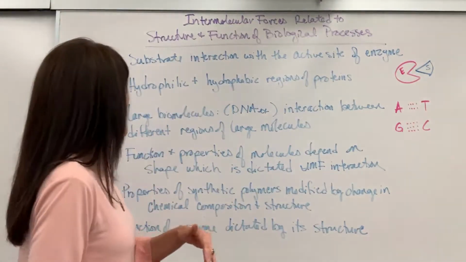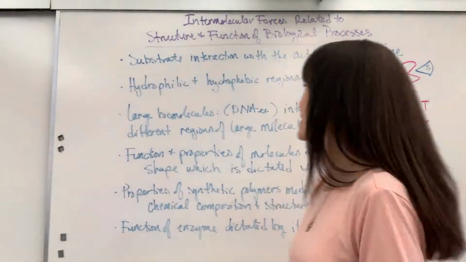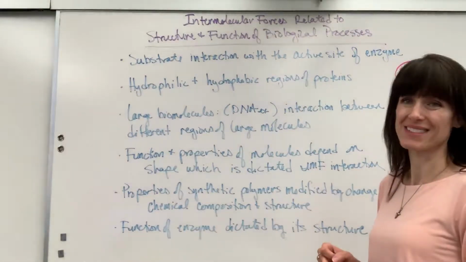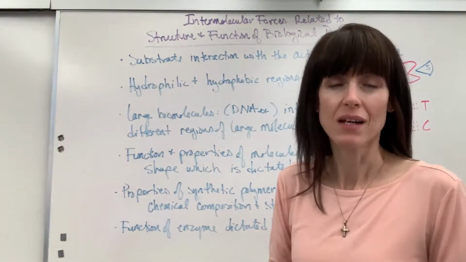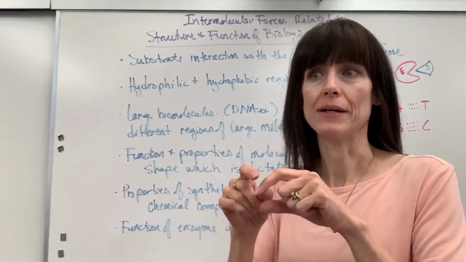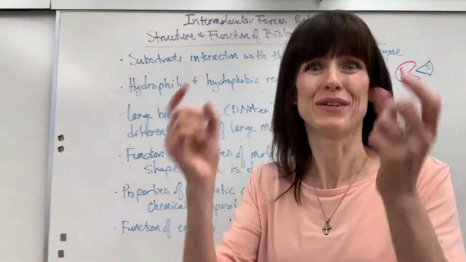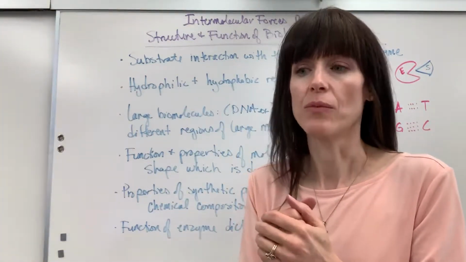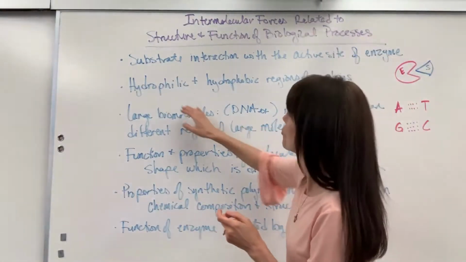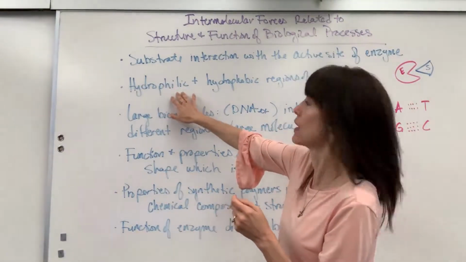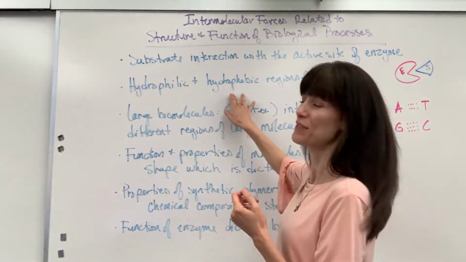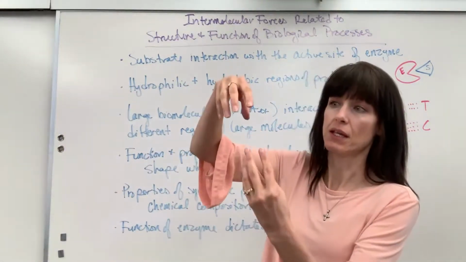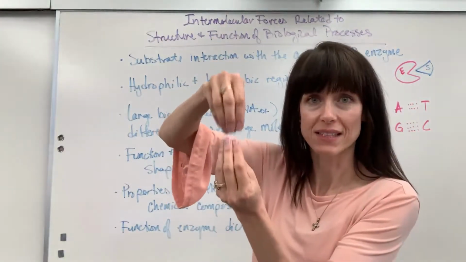Okay, next, the hydrophilic and the hydrophobic regions of proteins. I like the example of our lipid bilayer, whether it be inside of a cell, or I should say encasing around the cell, where you have the hydrophilic, which is water loving, and the hydrophobic, water hating, if you will, and it's the fatty acids that are in the middle.